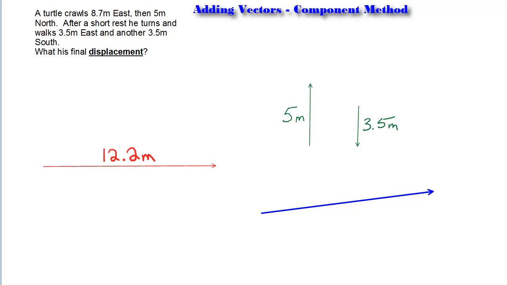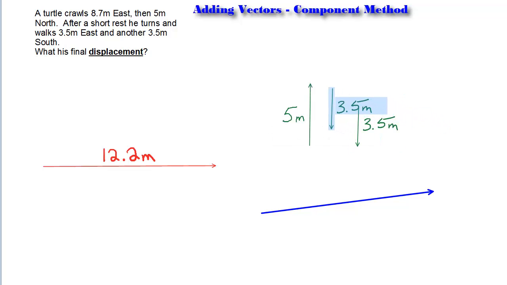Now let's have a look at our two vertical vectors. If I travel 5 meters north and then change direction and travel 3.5 meters south, obviously I'm going to end up a little less in the northerly direction. and we're going to have to subtract these two vectors. So let's have a look at how that looks by first putting them together tip to tail.